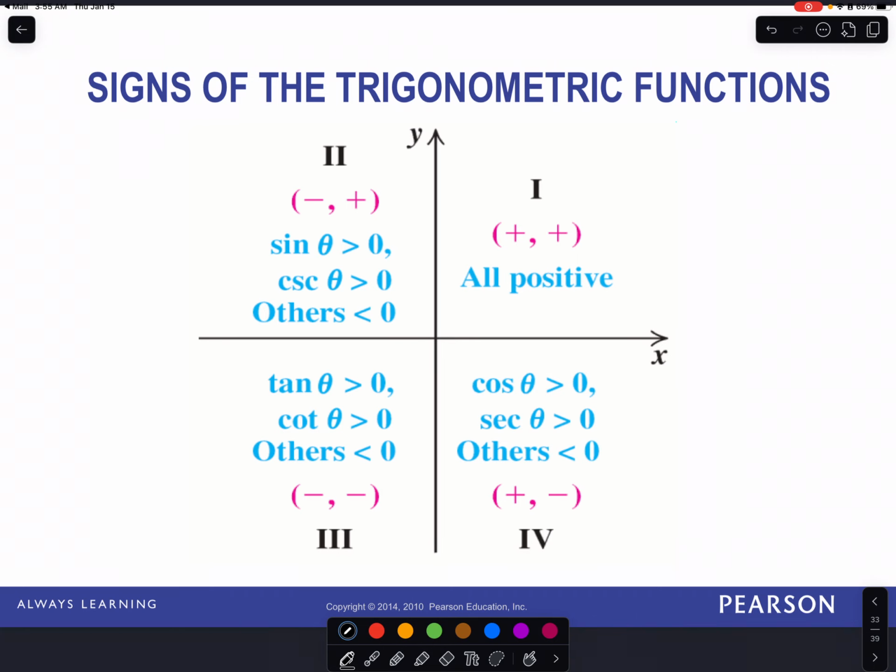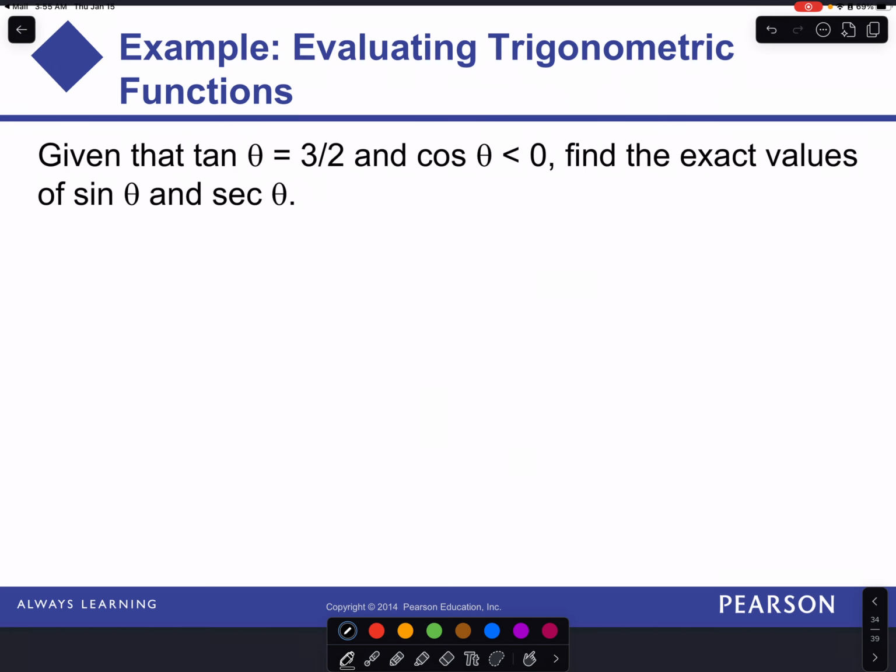So given that tan of theta is this and cosine of theta is this, find the exact values of sine and secant. Notice that tan is positive and cosine is negative, so that means our sine has to be negative as well.